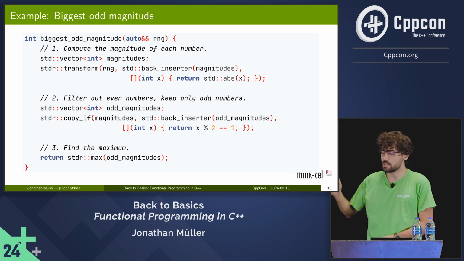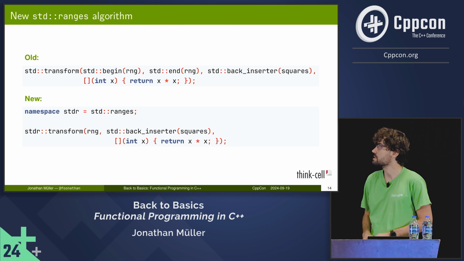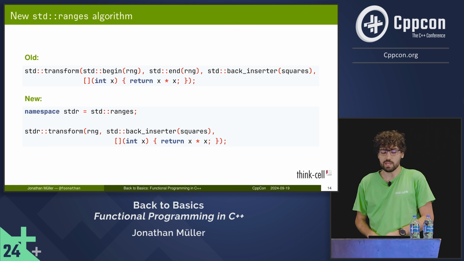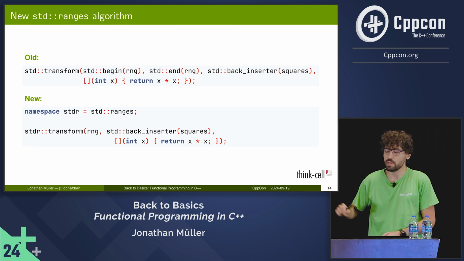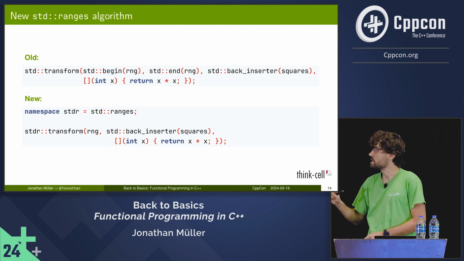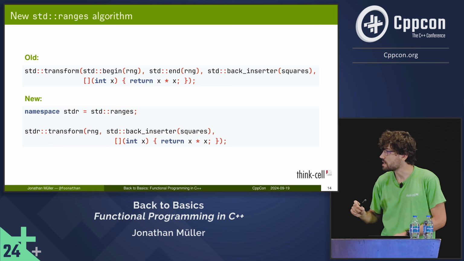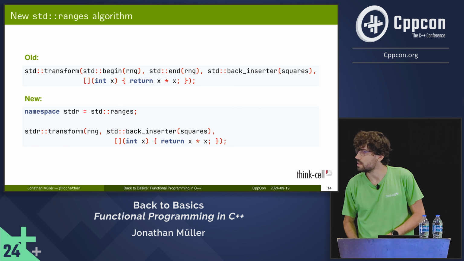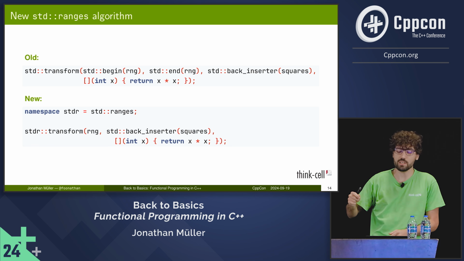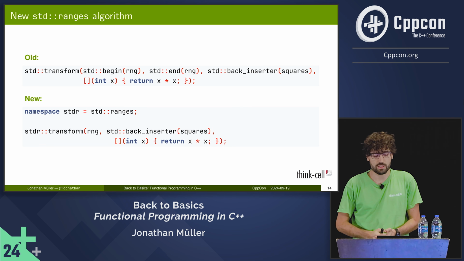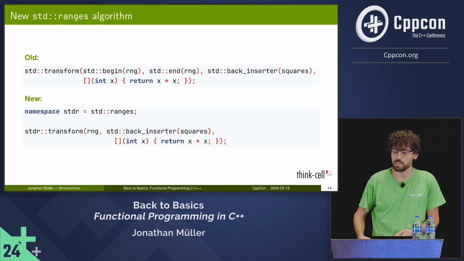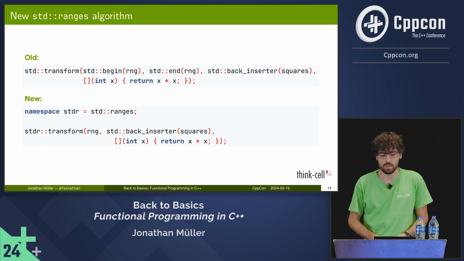As an aside, the stdr here is the std ranges namespace. Since C++20, we've got much more convenient algorithms where you don't have to specify the iterator pairs. You can just write the container or range directly, and some more goodies. So just replace your code using std ranges instead of std, and you will have much fancier algorithms. And just for slide purposes, I've abbreviated std ranges to stdr.